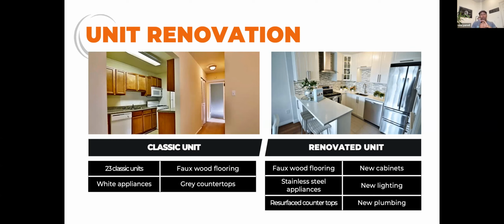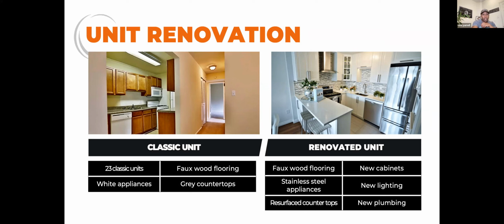We also swapped out the white appliances for new stainless steel, and all that adds to the clientele that we want in the building. While you're doing these unit renovations for the value add, you're also changing the culture of the building. You're bringing a whole new regime, and that's sometimes how we can change from a class C building to a class B building.